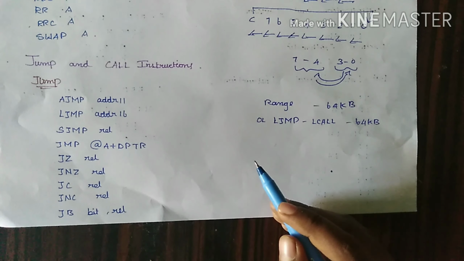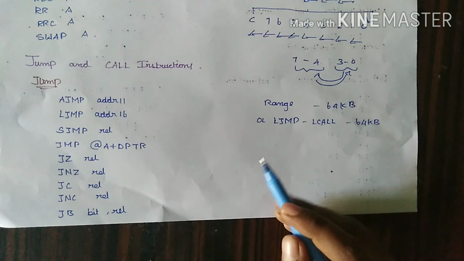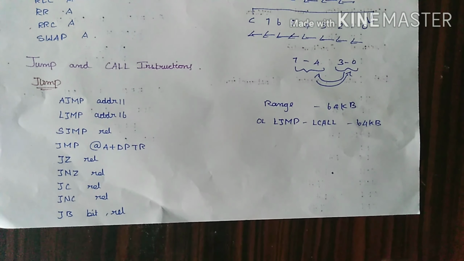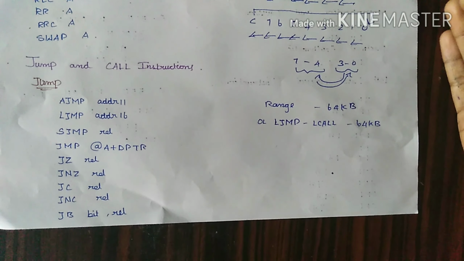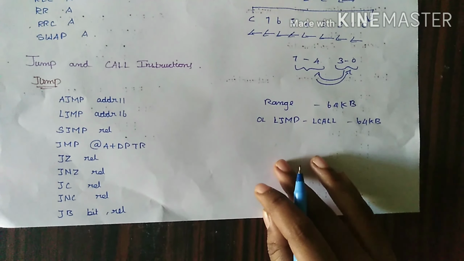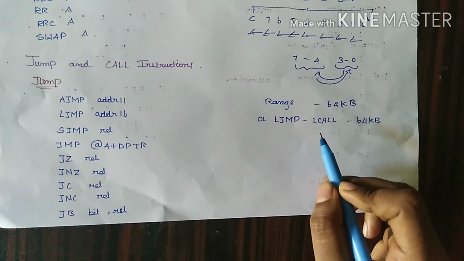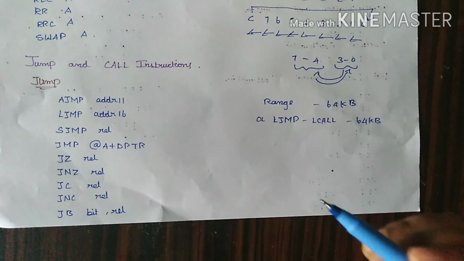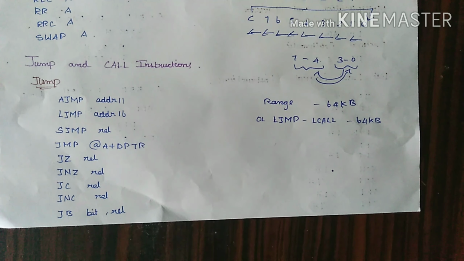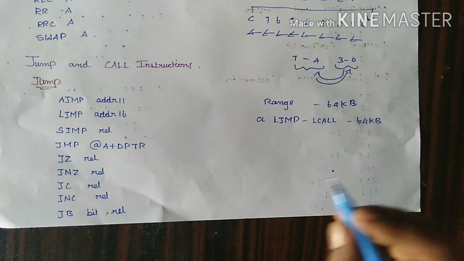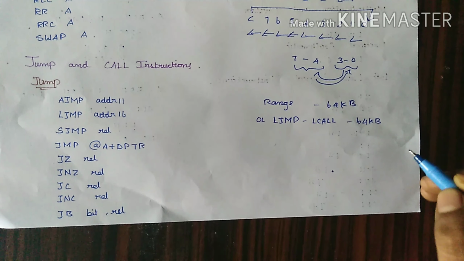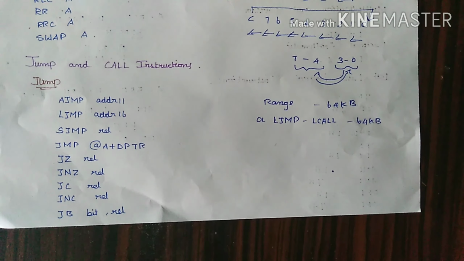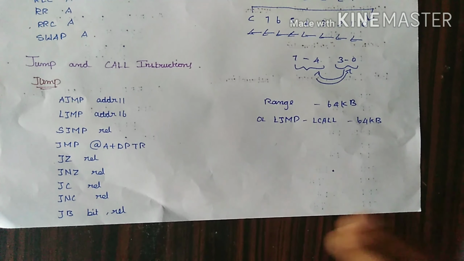By range we mean the difference between the present address and the address we are going to change to. Now in LJMP and LCALL, we can access the whole 64 kilobytes of memory. That is, we can jump from 0000 to FFFF and any memory location in between.